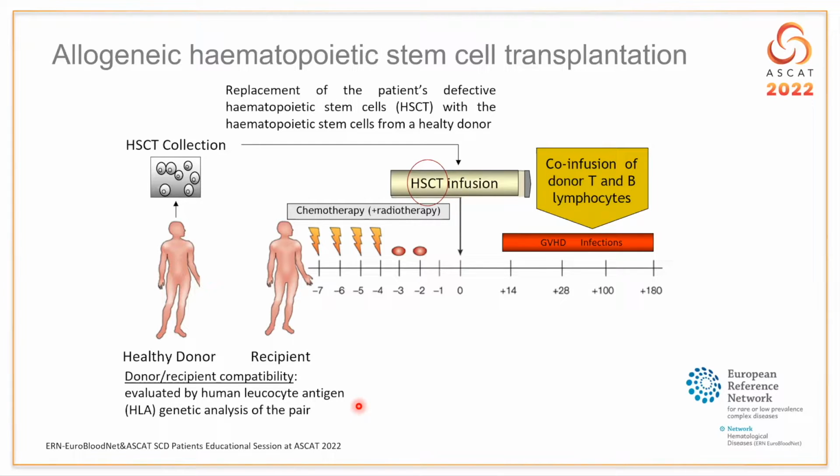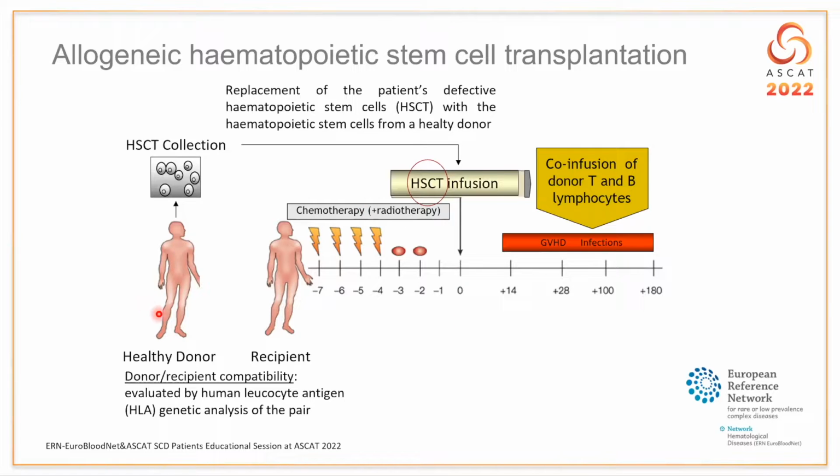Today, this statement is not true anymore, because we know that we can perform the transplant also from a donor who is not 100% compatible with the recipient. There are specific techniques that allow this procedure. It is a little bit different procedure, a little bit different transplant, but today, and I will present you the data, we can do the transplant also from a partially matched family donor.